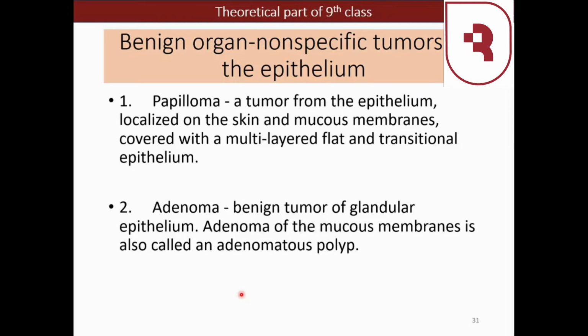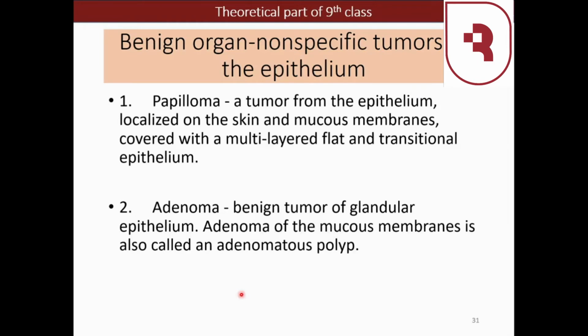Papilloma is a tumor from epithelium localized on the skin and mucous membranes covered with multilayer flat and transitional epithelium. So we should see that this tumor is covered by multilayer flat epithelium, which looks normal. So we don't have any cellular atypia, only tissue atypia.